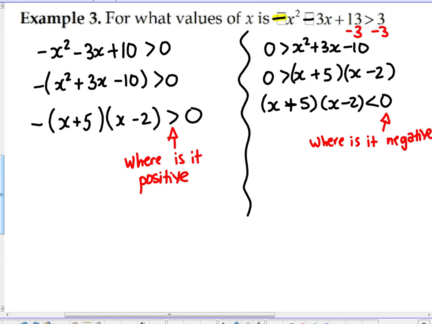Doesn't matter which method you use, you'll get the same answer. So you can check your answer for both.